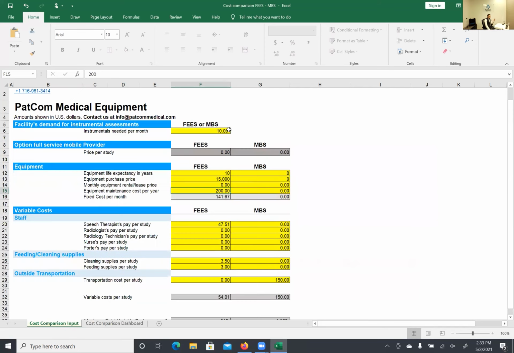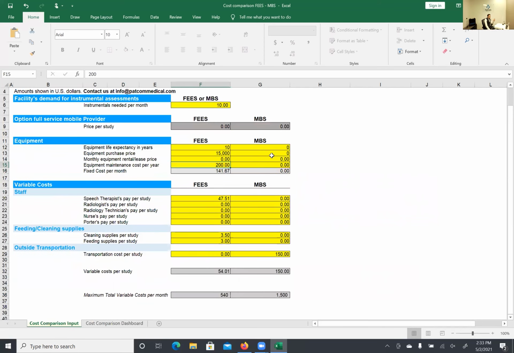We can take a quick look at what it would look like if this was a mobile provider here. Ultimately, you might just compare a flat fee that you charge as a mobile FEES provider to that transportation charge or whatnot to the hospital.